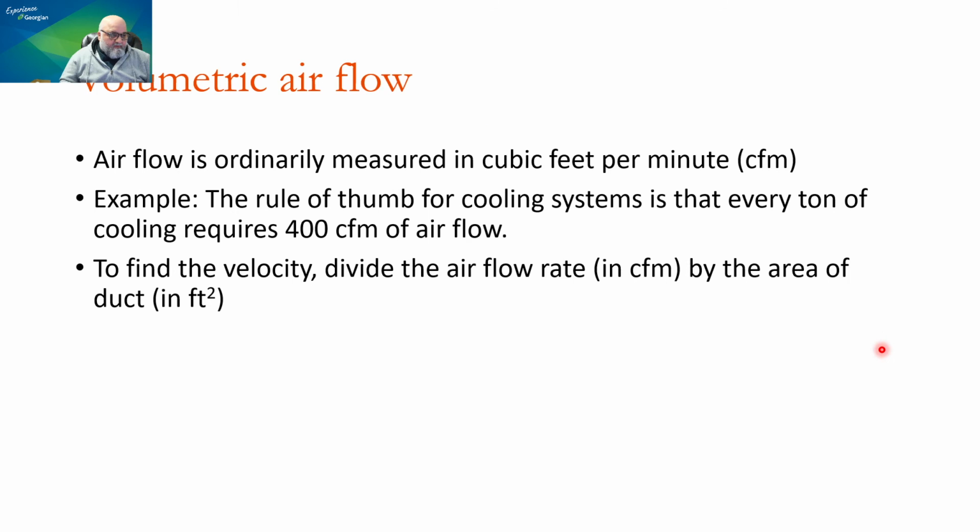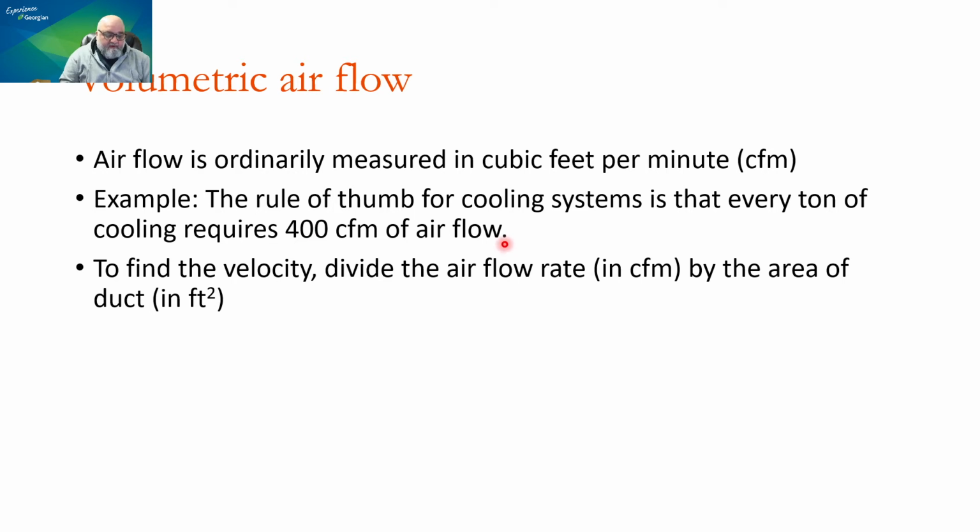Right. So in terms of volumetric airflow, you have heard those units over and over again. Airflow is ordinarily measured in cubic feet per minute, CFM. For example, rule of thumb for cooling systems is that every ton of cooling requires 400 CFM of airflow.